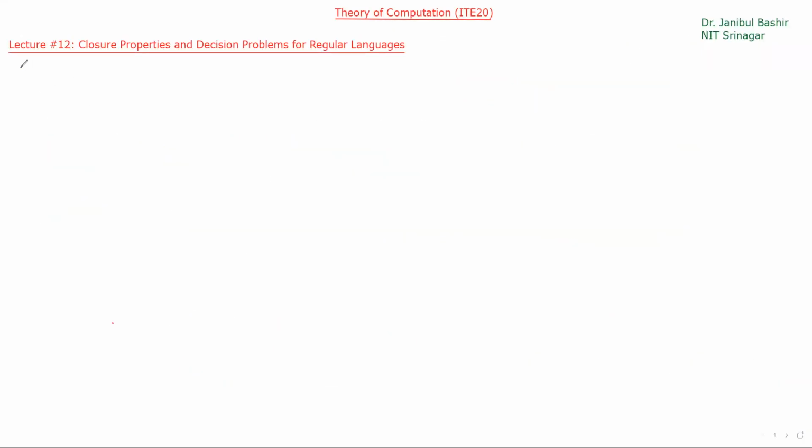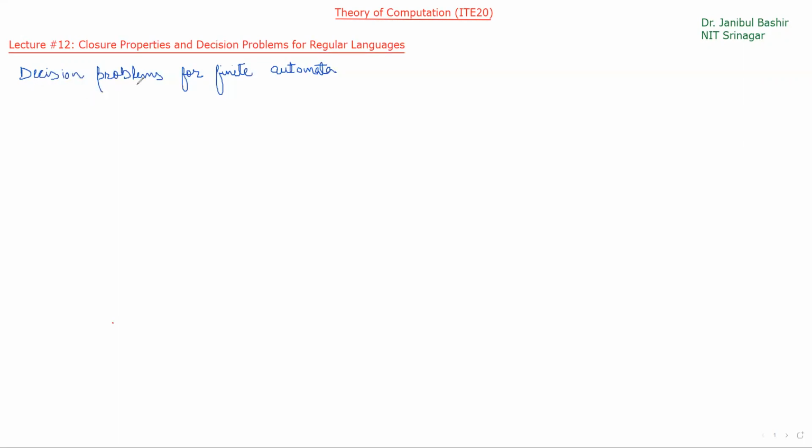Now we have to discuss the decision problems. Decision problems for regular language, or we can say decision problems for finite automata. You can say decision problems for regular language or decision problems for finite automata, because it is one and the same thing.